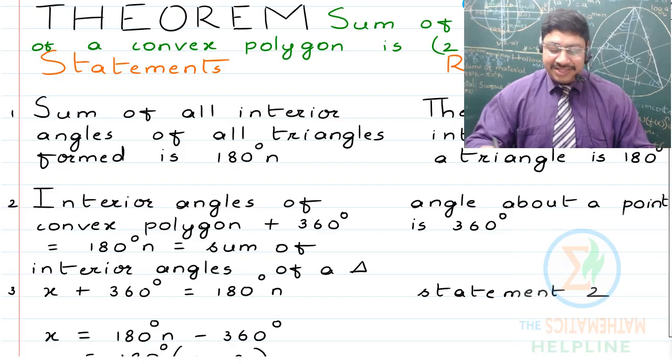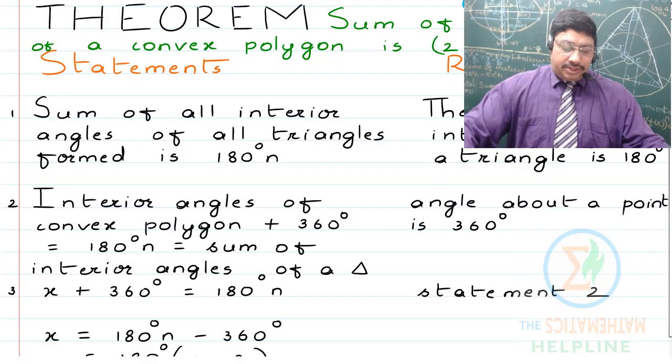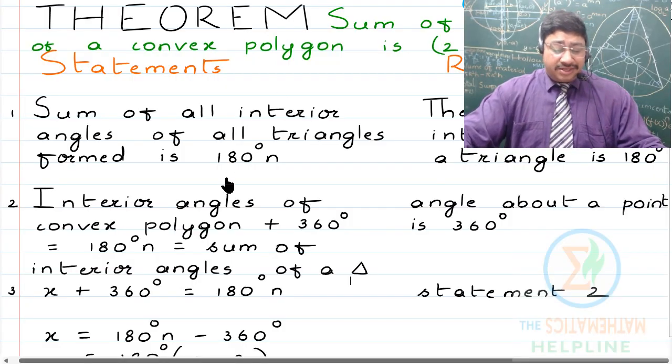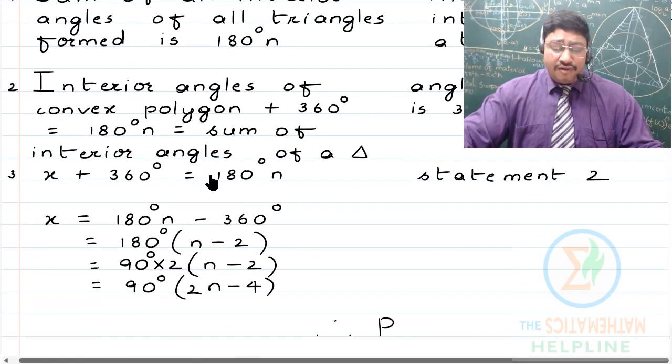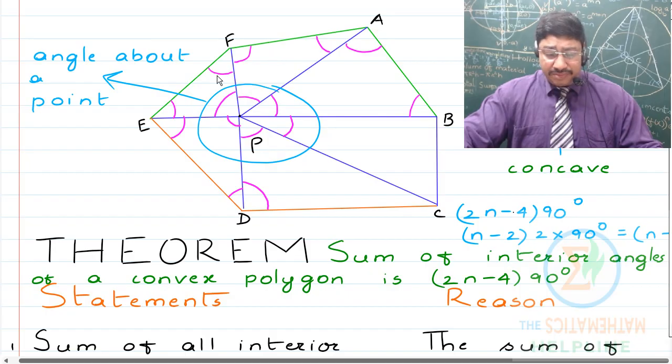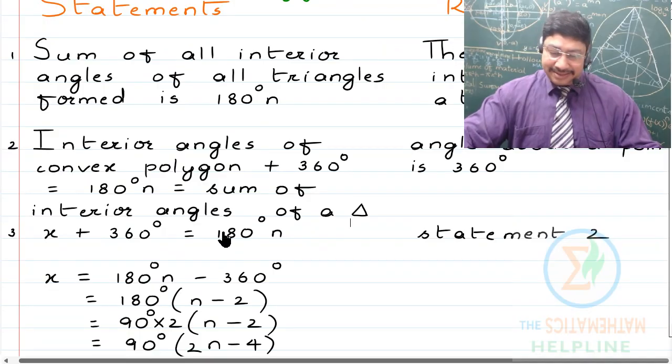Okay, so this sign also represents a triangle, so this is how you can write a triangle also. Okay, so as we have just looked at above, the sum of the interior angles of all of the triangles which have been formed will add up to 180n, right? So this 180n is actually the sum of all these interior angles formed in the convex polygon, to which the angles about a point, that is 360, can be added, right?